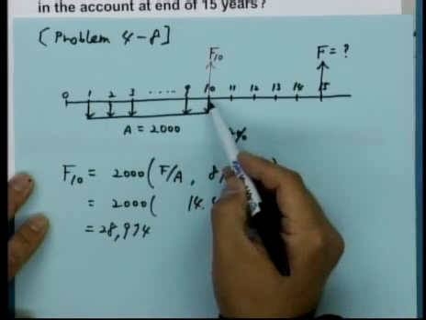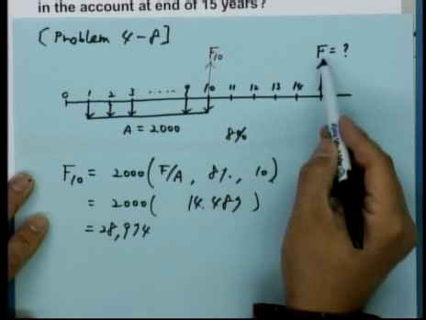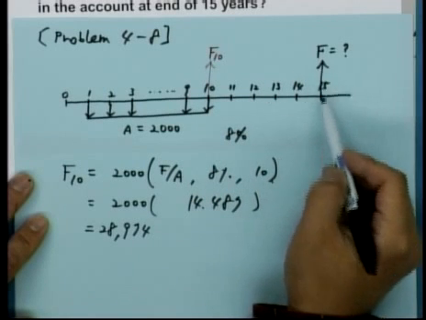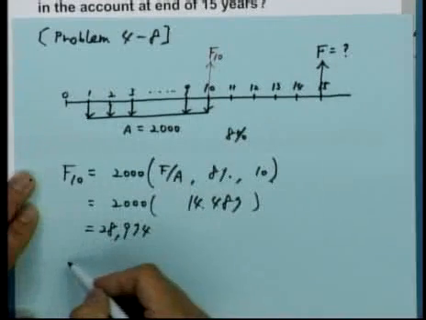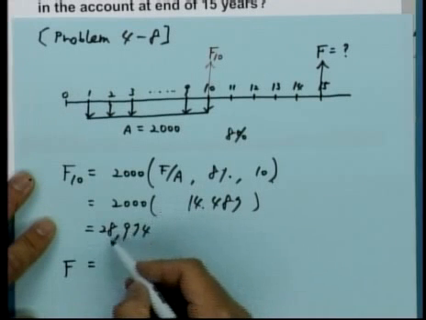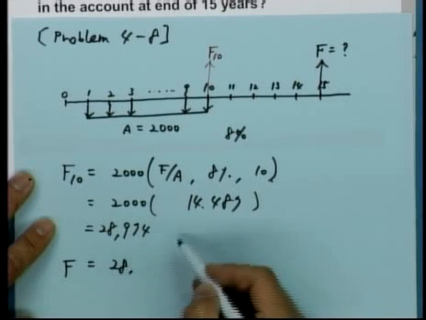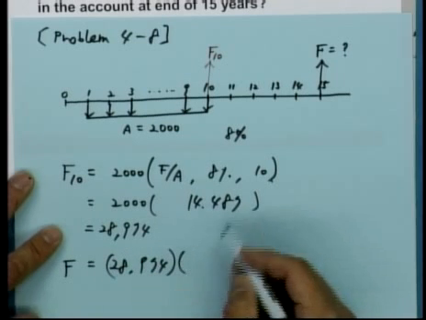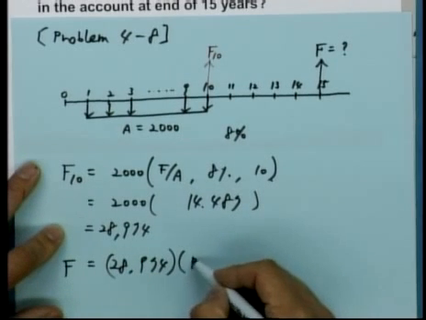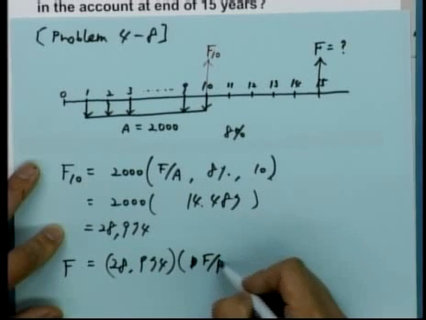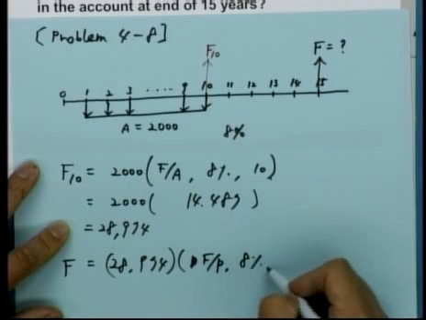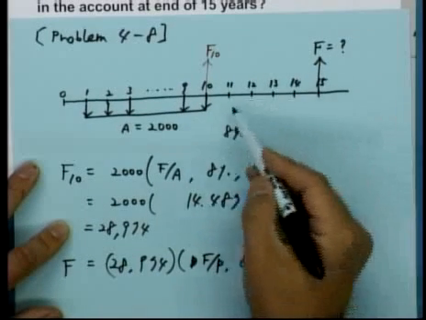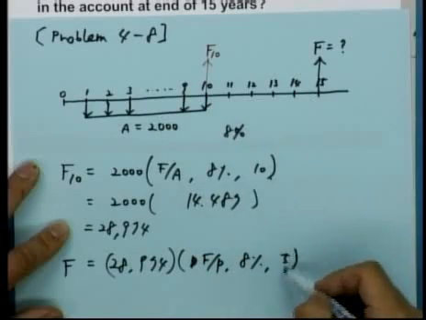Okay, and this f sub 10 will be converted to the equivalent future sum, which is f, at the end of period 15. So f would be this value, $28,974 times f given p, 8% over the next 5 periods, right?